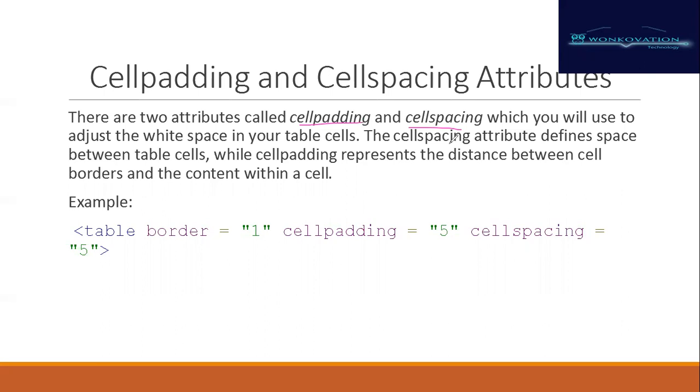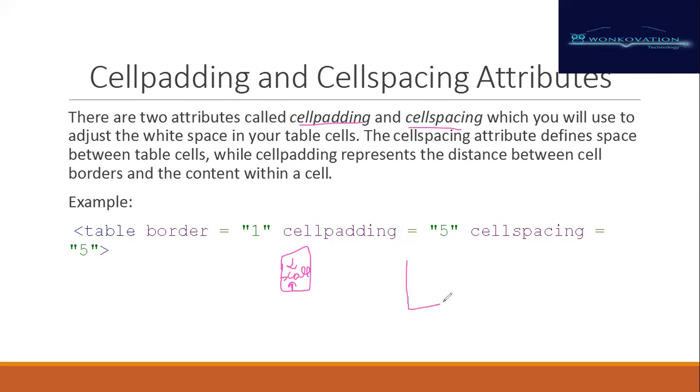So basically, if you are doing cell padding, let's suppose this is one cell and we have written something inside, let's say, call. The space between the border and the content is known as cell padding. Then cell spacing.